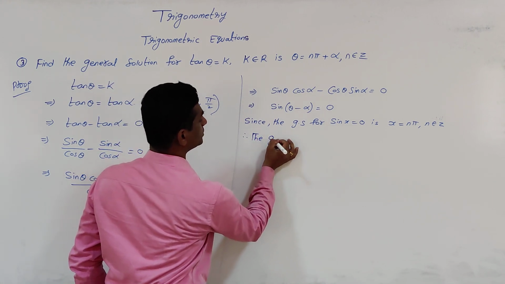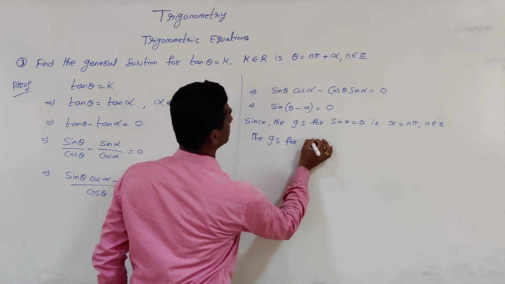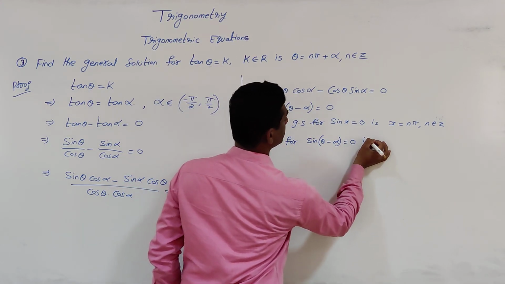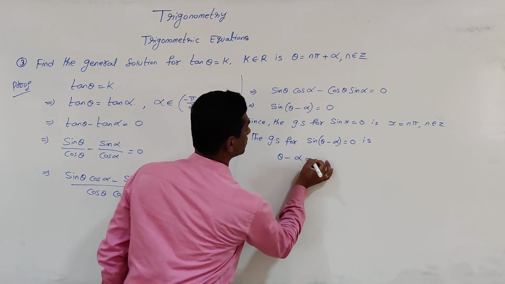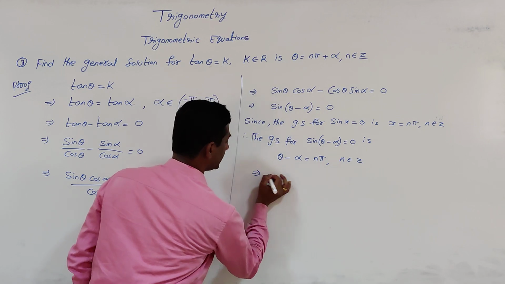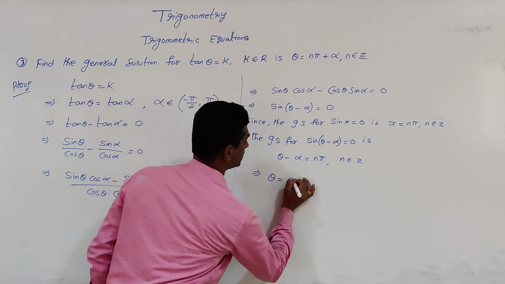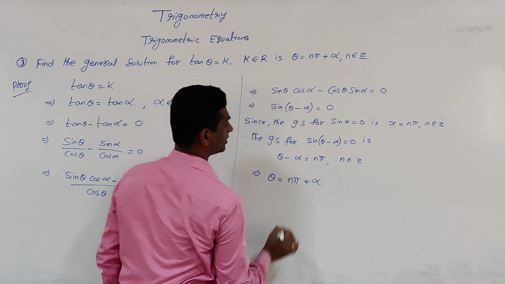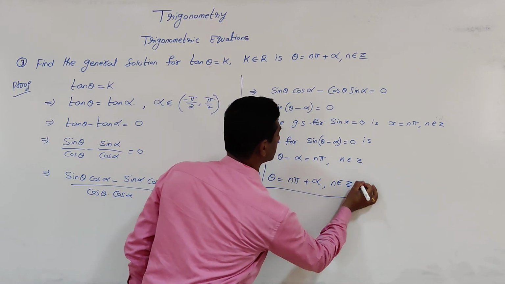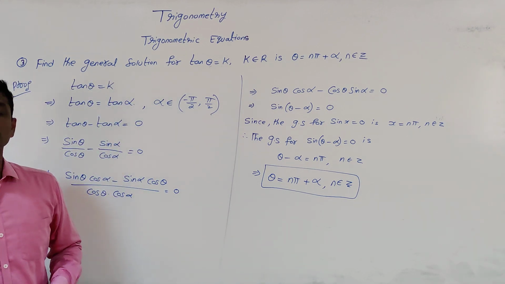Therefore, the general solution for sine of theta minus alpha is equal to 0 is theta minus alpha is equal to n pi, where n belongs to z. Implies we require theta, so that is n pi plus alpha, where n belongs to z. So that is the general solution for tan theta is equal to k.